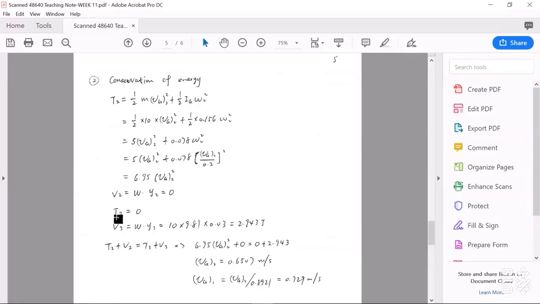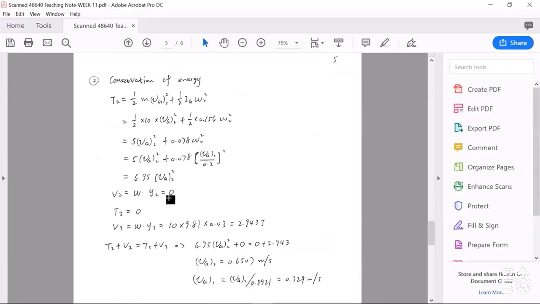In state 3, because the velocity of this wheel is 0, the kinetic energy in state 3 should be 0. We calculate the potential energy of this wheel in state 2.